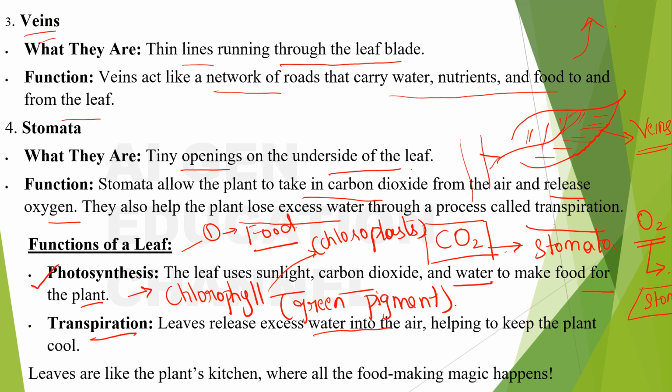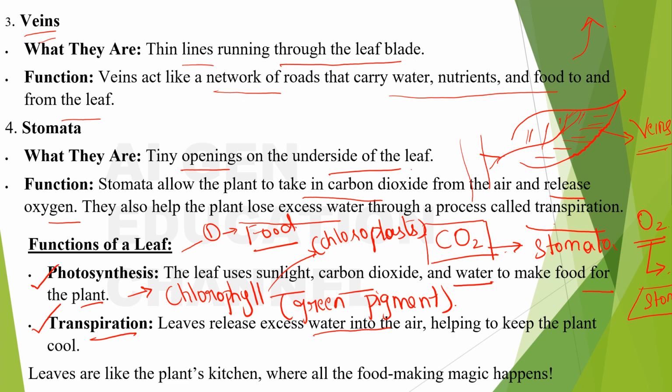It will go for photosynthesis and transpiration. Leaves are like the plant's kitchen, where all the food making magic happens. It's so important, right? In every home, kitchen is important because we can survive only with food and water, without which we cannot even imagine that we can do any work or do anything.